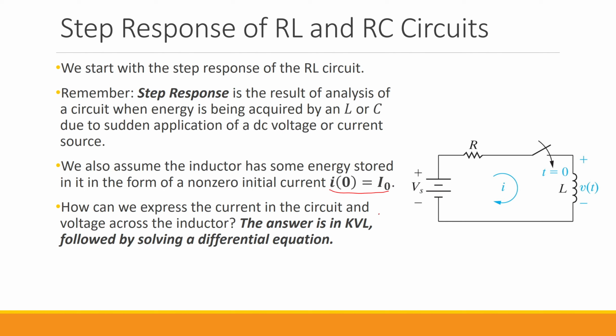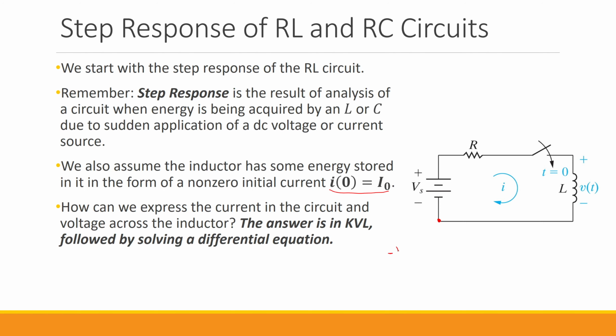Now the question becomes, how can we find the equation for the current that flows in this circuit or the voltage across the inductor? To answer this, we need to write the KVL equation. Let's assume I start from this point, go around the loop, and end up back here.